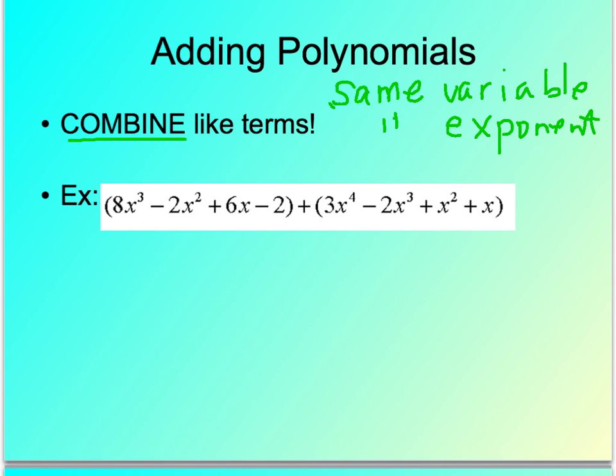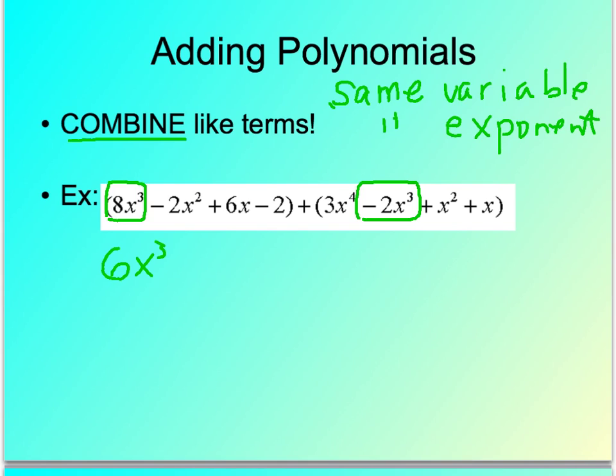So in our example, I have an 8x cubed and a negative 2x cubed, and so those two we're going to add the coefficients of. Whenever I'm combining like terms, the exponents stay the same. So 8 plus negative 2, or you can think of it as 8 minus 2, is 6x to the 3rd.